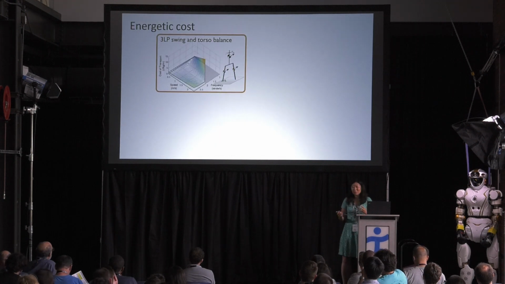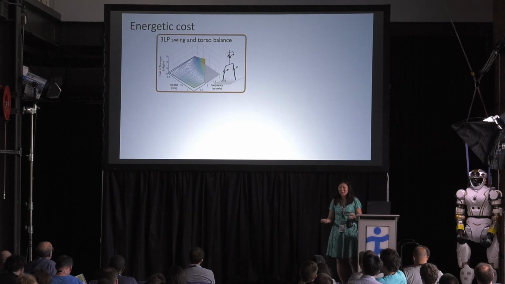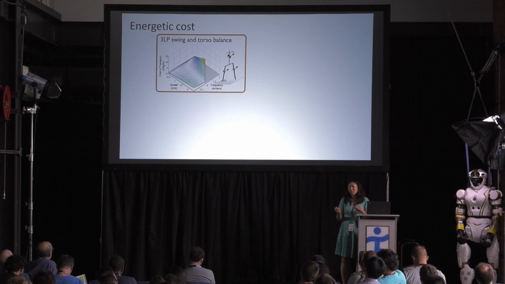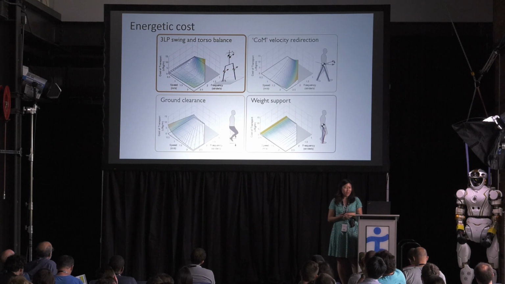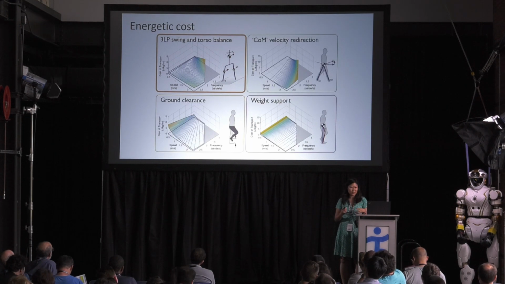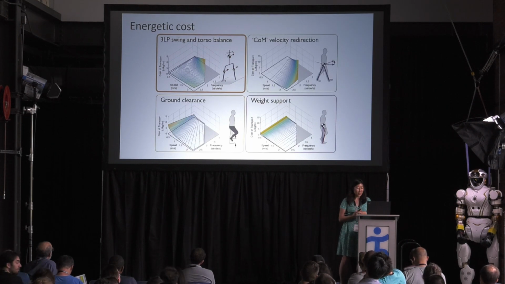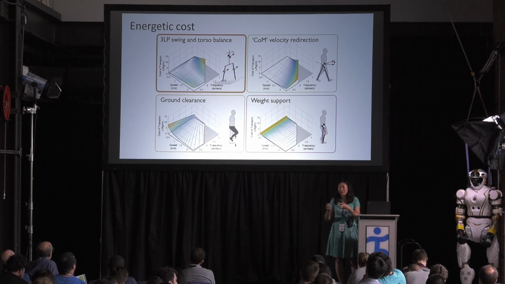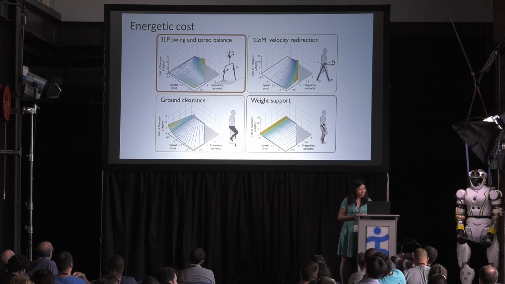What you can do with this type of model is perhaps estimate energetic costs. You can take swing dynamics and torso balance from his model, and then perhaps combine it with some of the geometric changes from having to redirect your center of mass or clear the ground or bear weight. And you can use that to try to estimate energetic costs from these mechanical components.